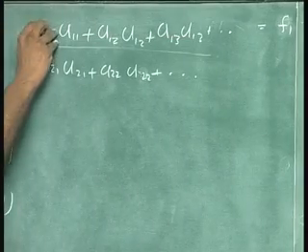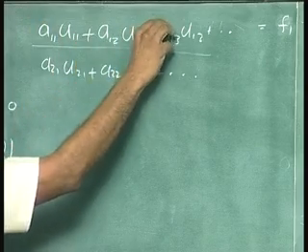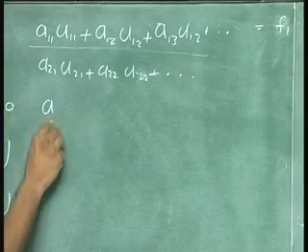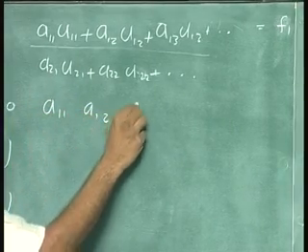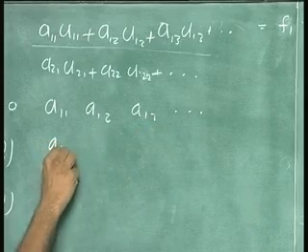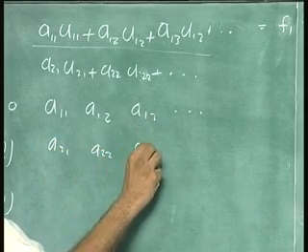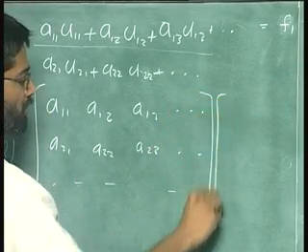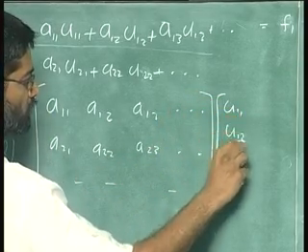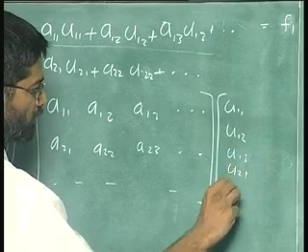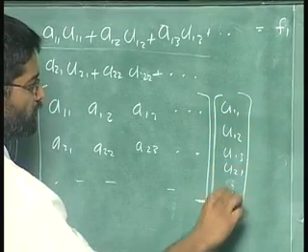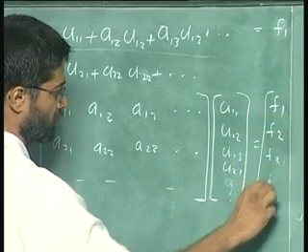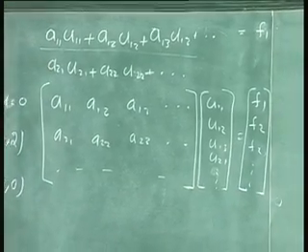So I have this equation which is now written as A11 U11, A12 U12, A13 U13, etc. So that I can finally write this equation as a matrix with A11, A12, A13, A21, A22, A23, multiplied by U11, U12, U13, U21, U22, etc., equal to some right hand side which is given by F1, F2, F3, etc. So I can write it in this form.